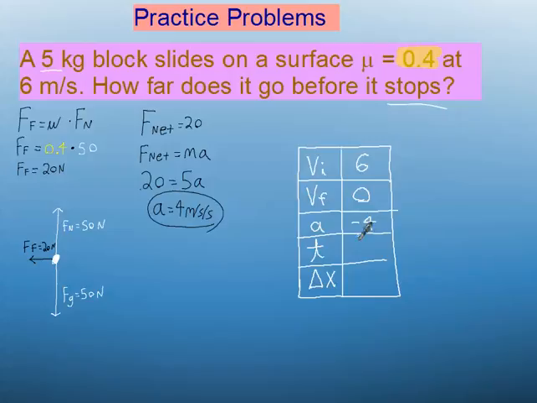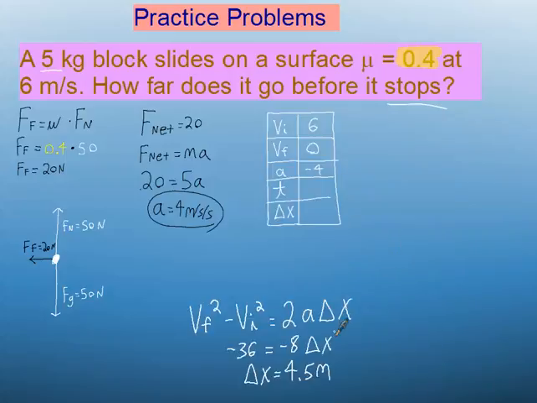And we know that acceleration is minus 4 because it's accelerating at 4 in the direction opposite of where it was moving. So these two have to agree with a positive 6 and a minus 4. By running the formula, I got that the block went 4.5 meters before it came to a complete stop based on this acceleration and just using this formula.